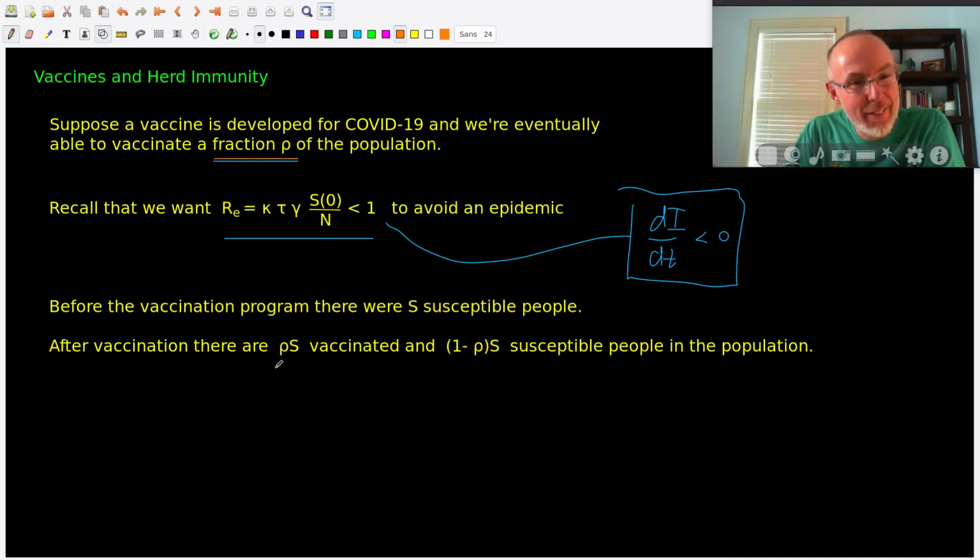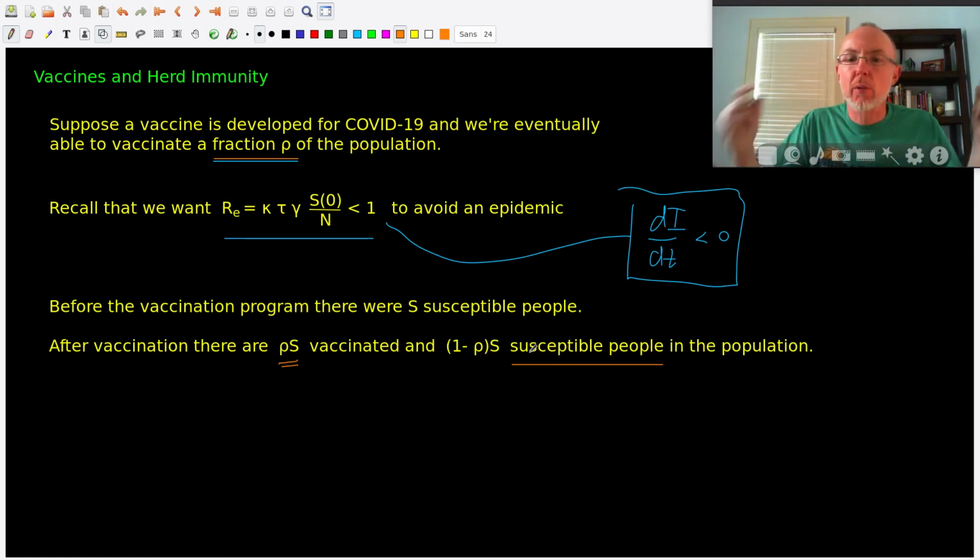After the vaccination process, there are rho times S vaccinated people. Let's say rho is 70%, or 0.7. We vaccinated 70% of the susceptible population, so the number of vaccinated people would be 0.7 times S. And the people who are still susceptible would be 1 minus rho, times S.